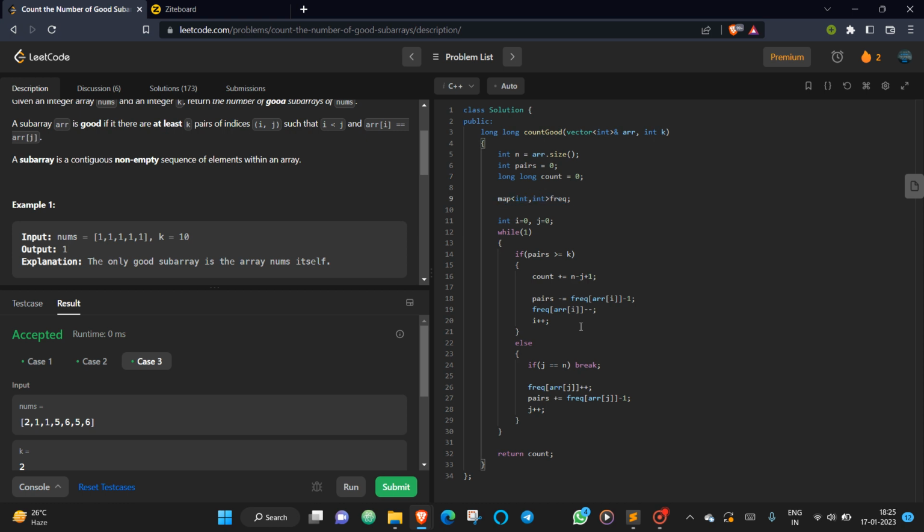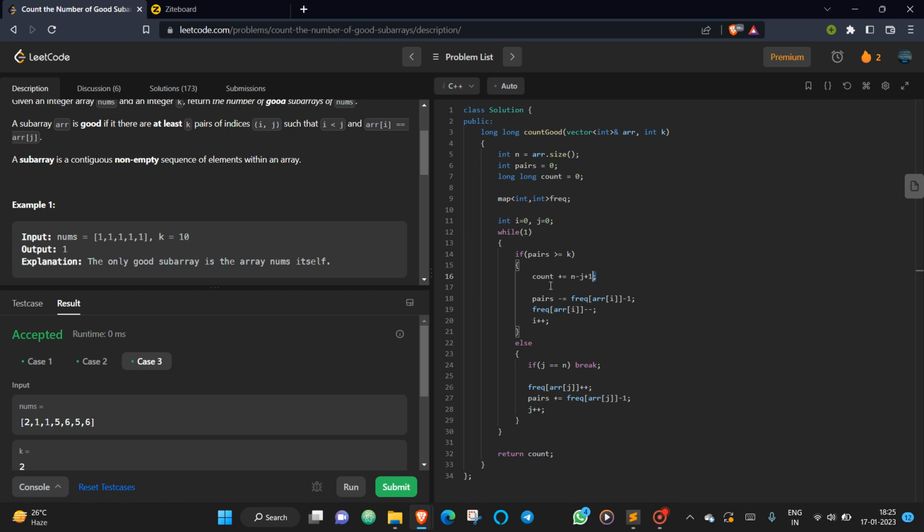Initially, if the total pairs satisfy our k, then I'm adding the count, which is n minus j plus 1, because all the right subarrays, by extending that, we can get that, right?